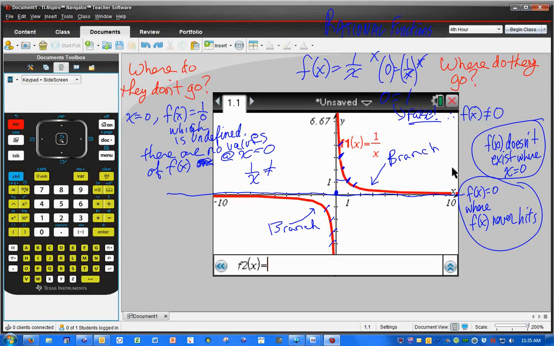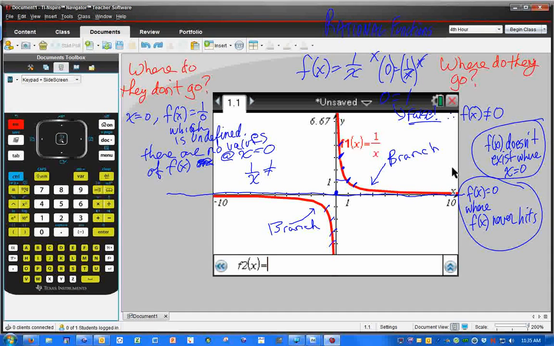F of x doesn't exist where x equals 0, and f of x equals 0 doesn't exist. Because, as we kind of did up there, and I know it's a little jumbled, we found out that we can't make f of x equal to 0. There's no way it's possible that we can make it equal to 0.